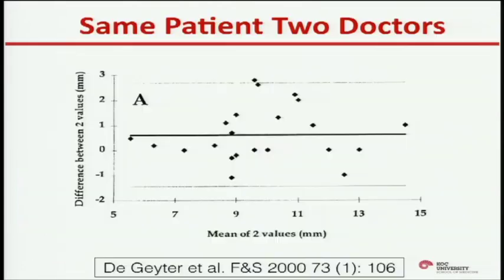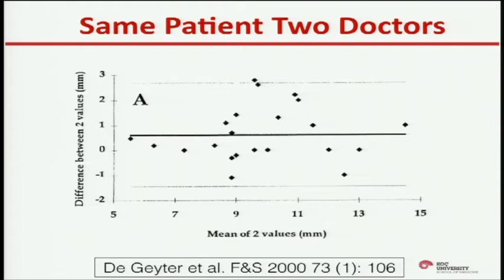Okay. And this is a nice study from Switzerland. It's a prospective study that includes over 1,000 patients undergoing IVF at a single center. This graph does not represent all 1,000 patients. It's a subset of 23 patients who have been scanned by 2 different doctors 5 minutes apart.